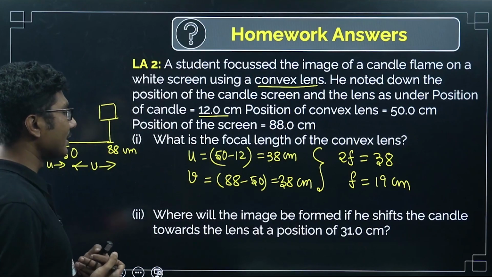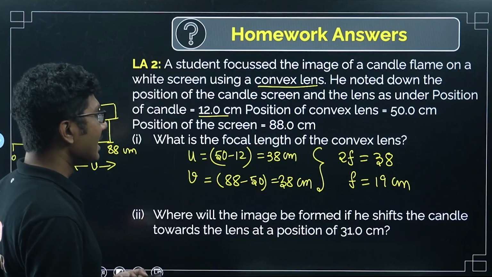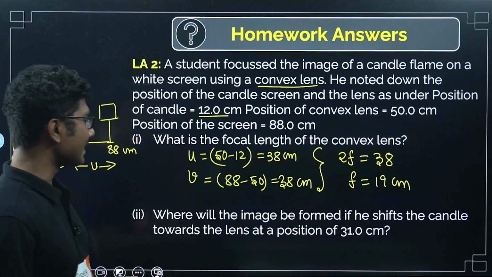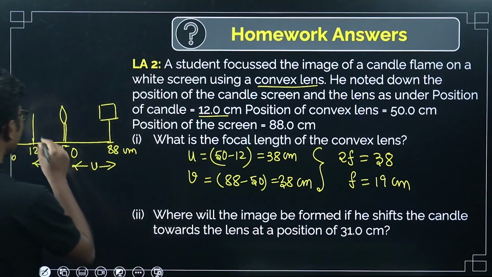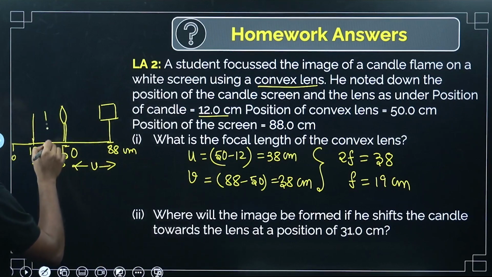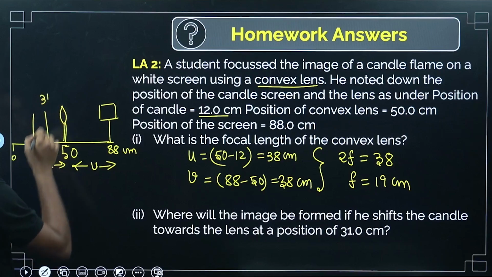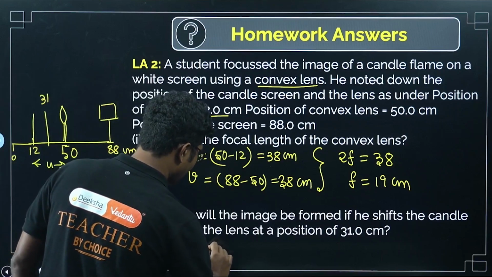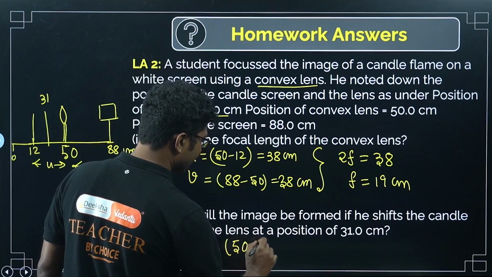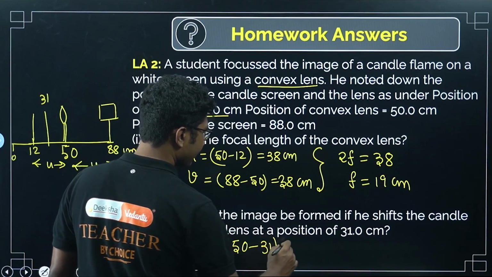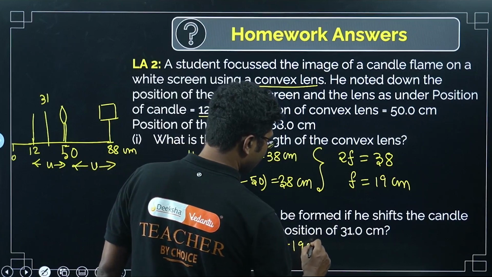Next question: where will the image be formed if he shifts the candle towards the lens to a position of 31 centimeter? Now what is the object distance here? Lens is at the same position, only the candle is shifted, so it is 50 minus 31, that is 19 centimeter.